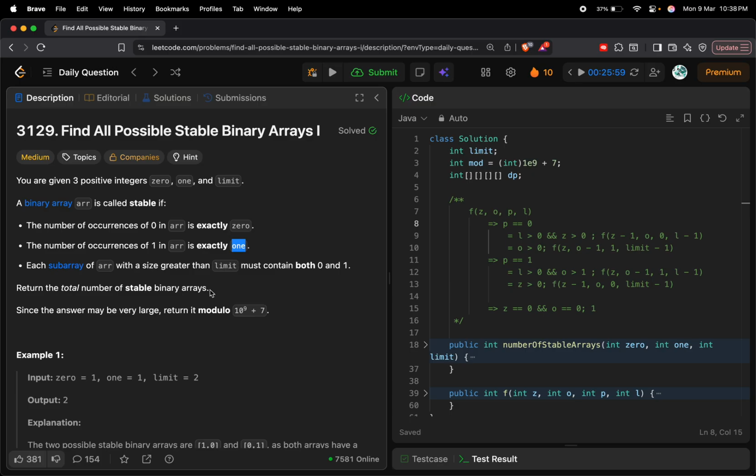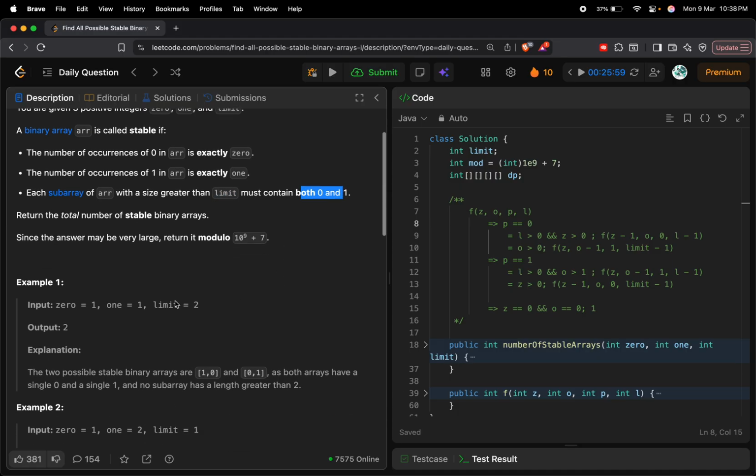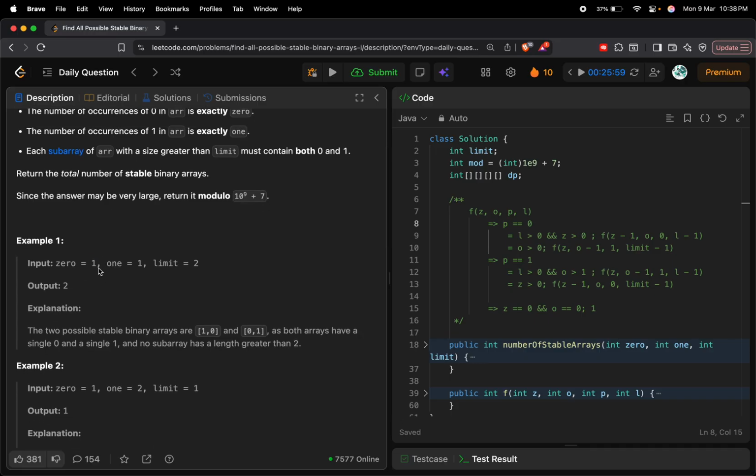And every subarray which you choose of size greater than limit should contain both zeros and ones. If you see the final array, we have to make an array that contains one 0 and two 1s in it, such that every subarray of size greater than the limit, which is 2, contains both zeros and ones.